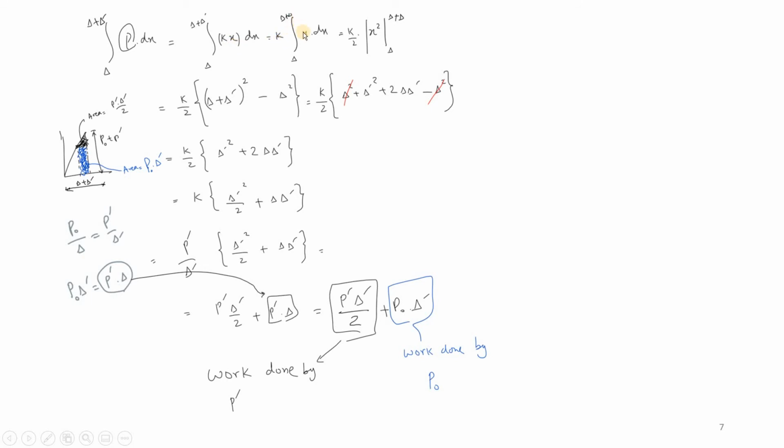K can be taken out common, and then you can solve this to give you x squared by 2, and 2 is a constant, so 1 over 2 can be written. So we can say K over 2 times x squared with limits from delta to delta plus delta prime. I'm sorry, there is a delta prime also. This is not delta plus delta, this is delta plus delta prime.